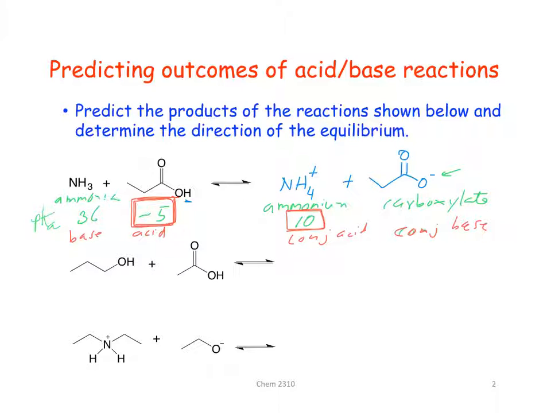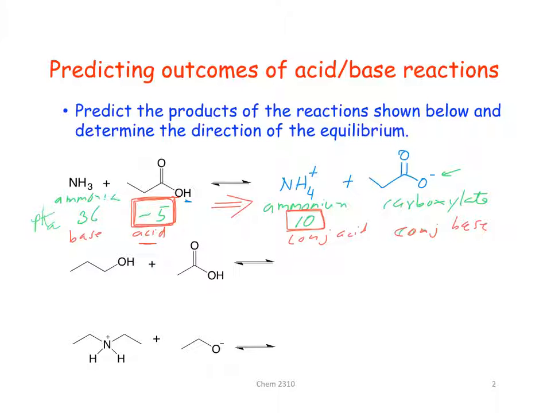Okay, so the equilibrium is going to lie away from the strongest acid. So the equilibrium is going to lie to the product side of this reaction because this is the strongest acid over here.